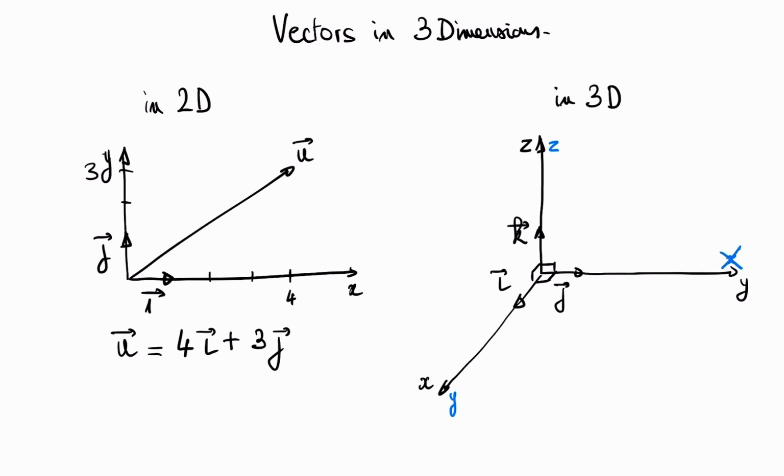So we cannot choose this orientation. We need to stick with x, y, and z oriented that way, so basically it's rotated from x towards y and then y towards z like this.